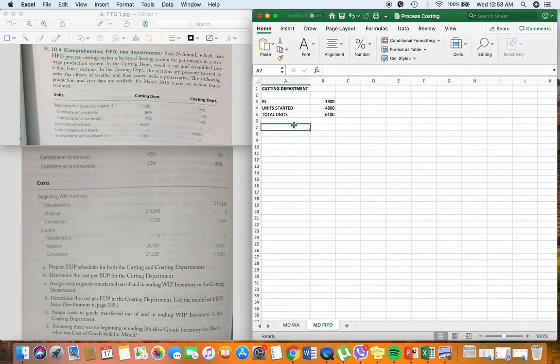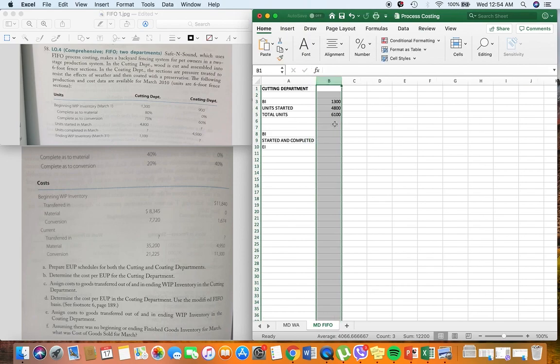So the total units to be accounted for is equal to 6,100 units. Okay? So since we are using FIFO, of course, we will categorize the total units to be accounted for into three. First is the beginning inventory units. Next are the units started and completed. And lastly, are the ending inventory units.